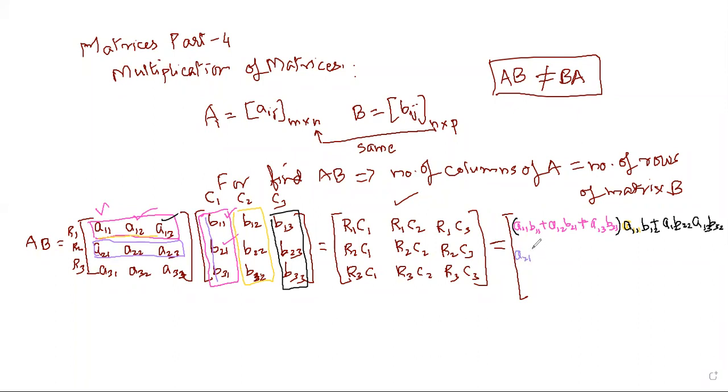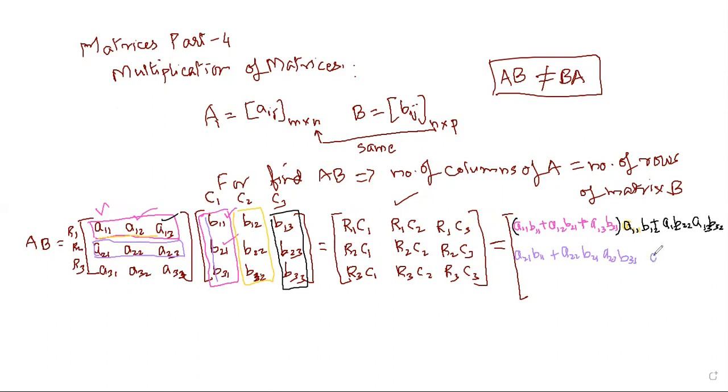A21 with B11 plus A22 with B21, then A23 with B31, sorry, first B21 and then B31. So the first element will come.